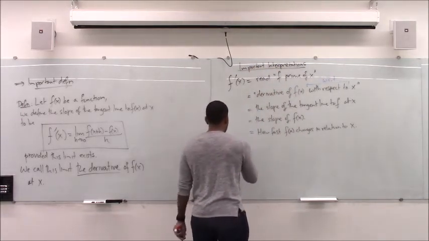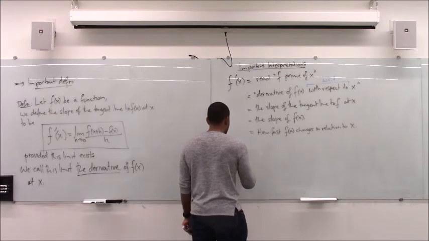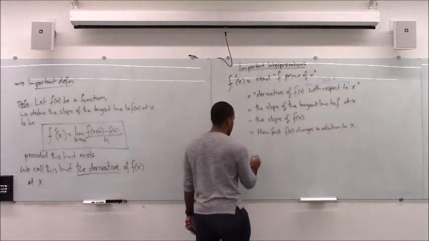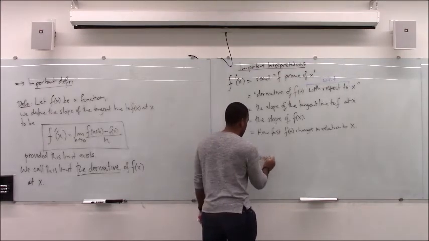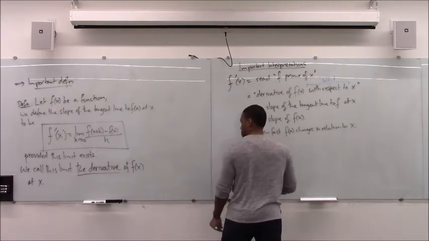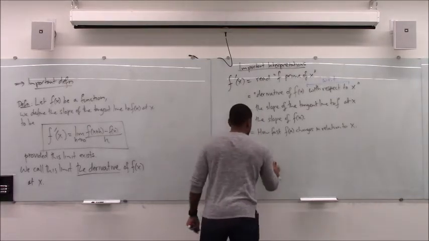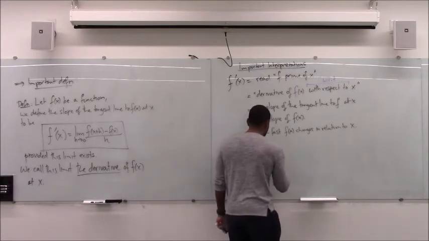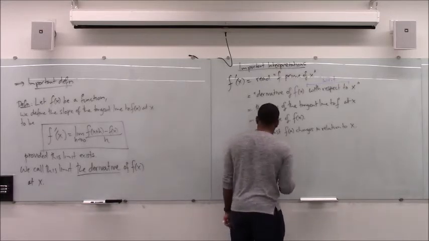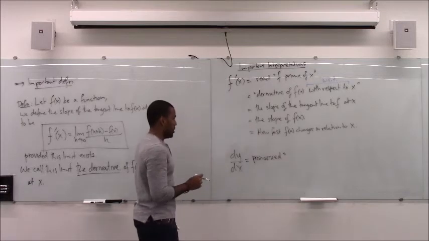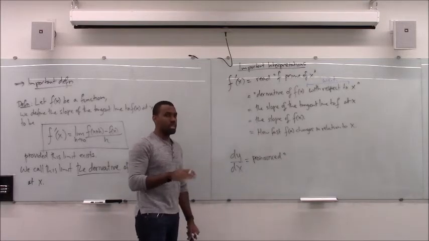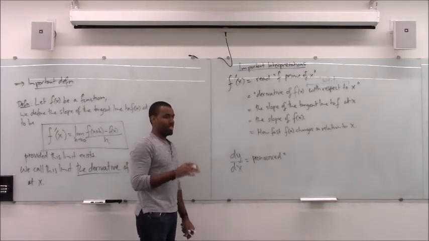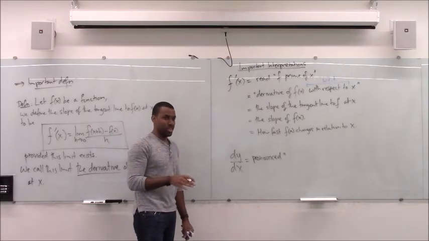Now, when you look at dy dx, it means all the same things, and that's how it's pronounced. A lot of people probably won't say this to you, but I'm going to tell you the truth. Sounding like you know what you're talking about is just as important as actually knowing what you're talking about.